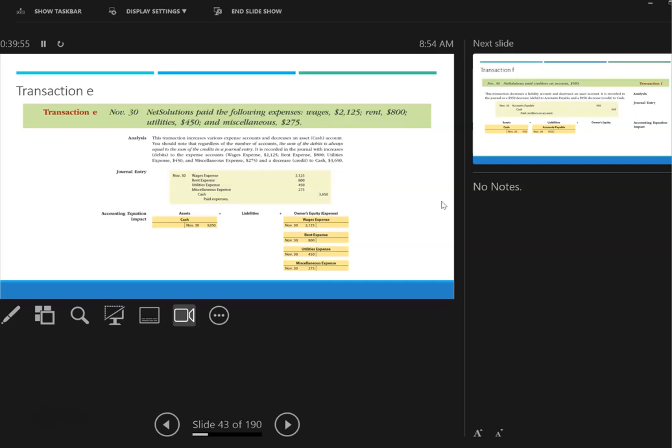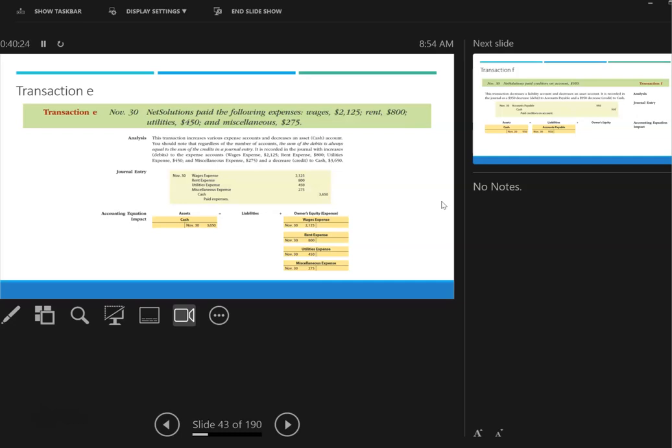Net Solutions paid the following expenses: wages of $2,125, rent of $800, utilities of $450, and miscellaneous of $275. So guys, in this instance, there's not just two accounts that are being affected.